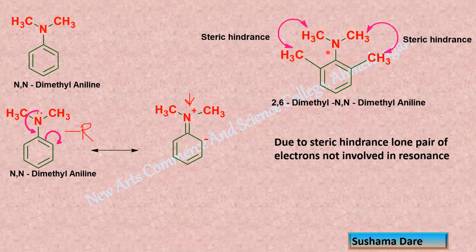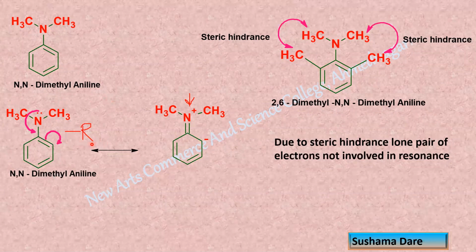If they are not in plane, then automatically the electron pair of the nitrogen atom is not involved in resonance. So if the electron pair is not involved in resonance, that means the electron pair is readily available. If the electron pair is readily available for donation, so what does that indicate? Its donating capacity increases. If its donating capacity increases, that indicates 2,6-dimethyl N,N-dimethyl aniline is a strong base as compared to N,N-dimethyl aniline.